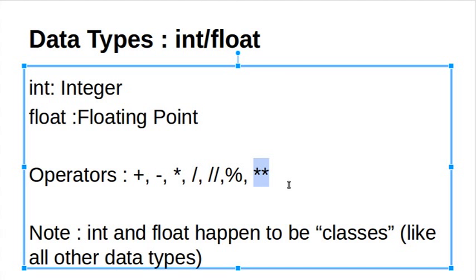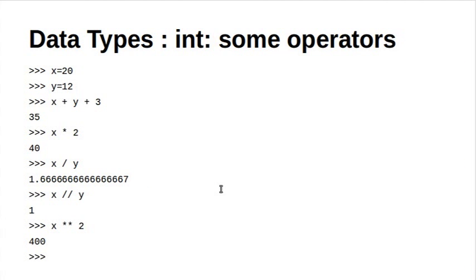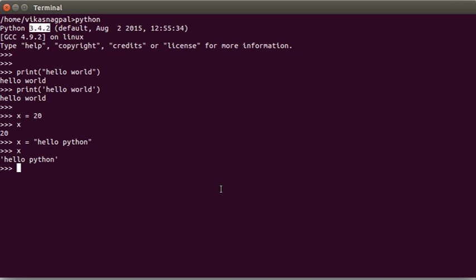Double star is exponentiation. It may be surprising, but even these int and float happen to be classes. You can use the notation x dot member on these also. So let's see in action these operators, although they are explained in this slide, but let's do it on the screen also.